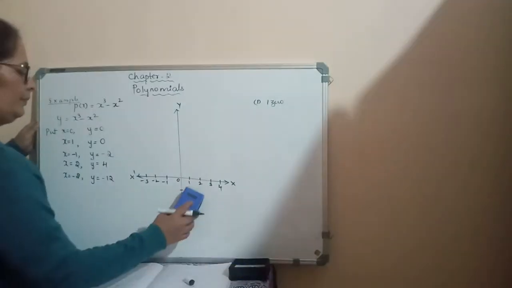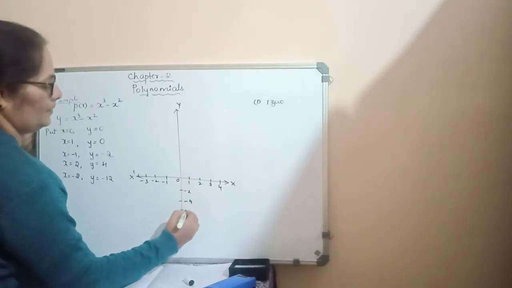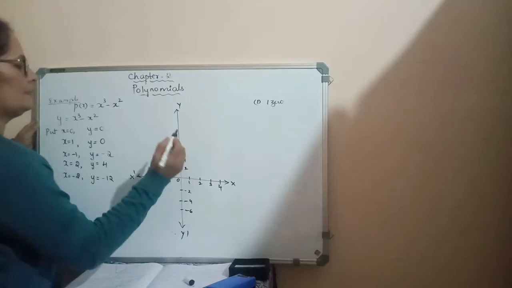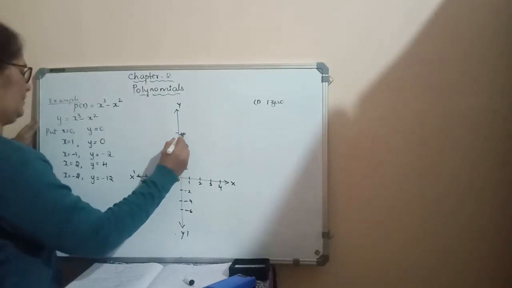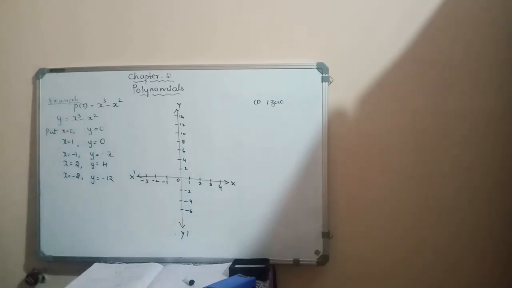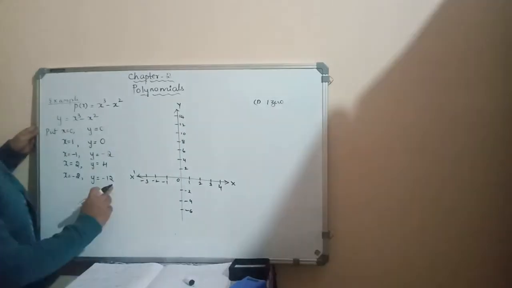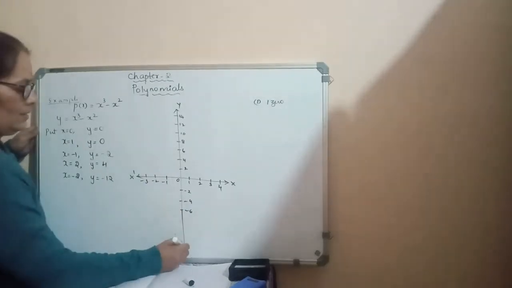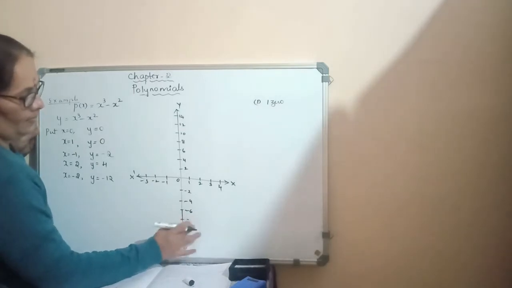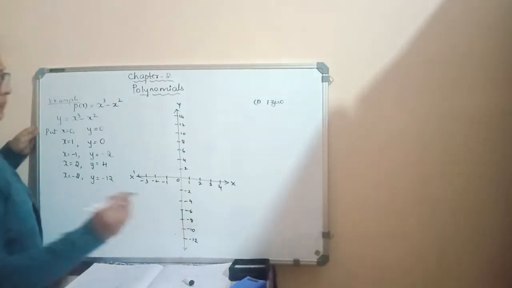So, here I will take minus 2, minus 4, minus 6, here plus. Okay. Now, here in the negative, y is minus 12. So, I will mark all the negative integers. Minus 8, minus 10, minus 12. Okay.